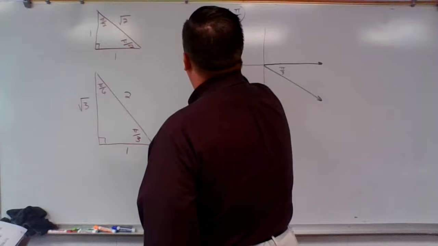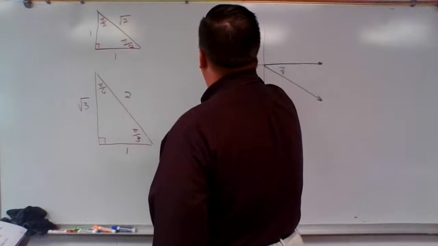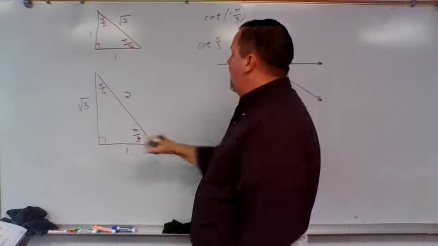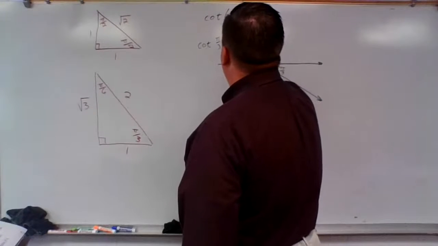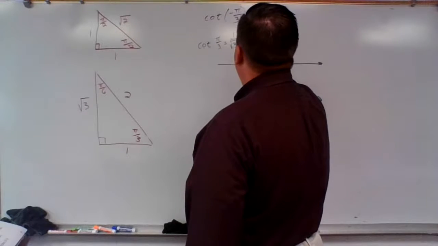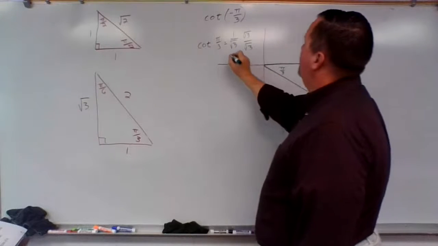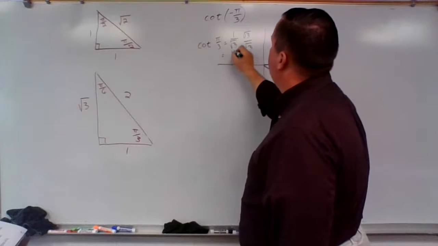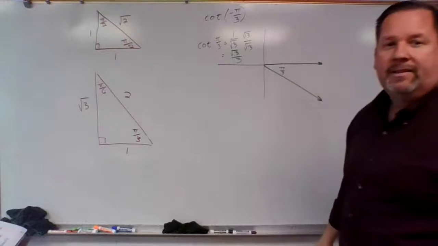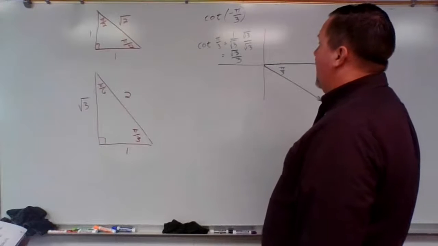So cotangent of pi over 3 is going to be adjacent over opposite, 1 over root 3, which equals root 3 over 3. Hopefully that's not too packed in there. You can see that. That's the cotangent of pi over 3.